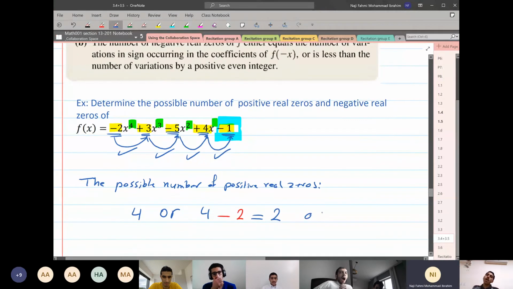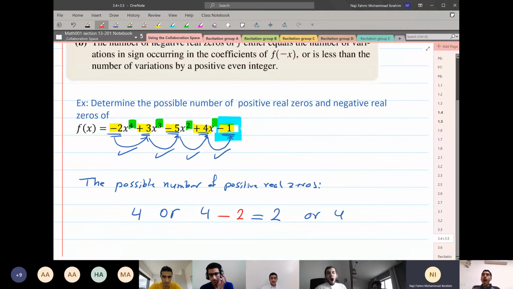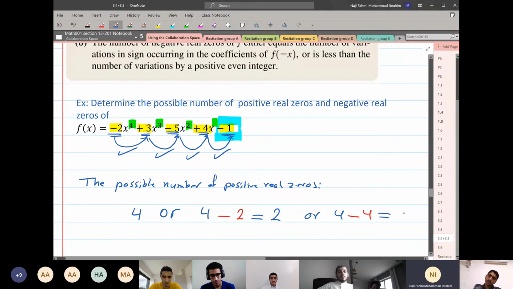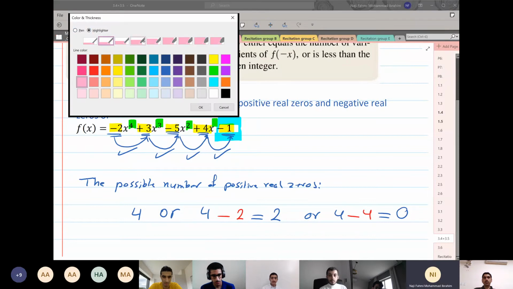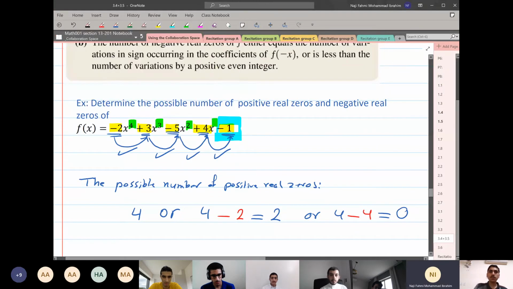Or it can be 4 minus 4, which is 0. So if I ask now, what's the possible number of positive real zeros? We have 3 choices. We can have either 4 positive real zeros or 2 positive real zeros or 0 positive real zeros.